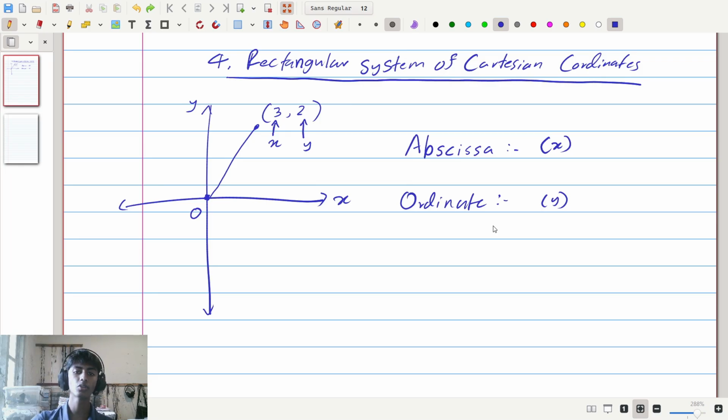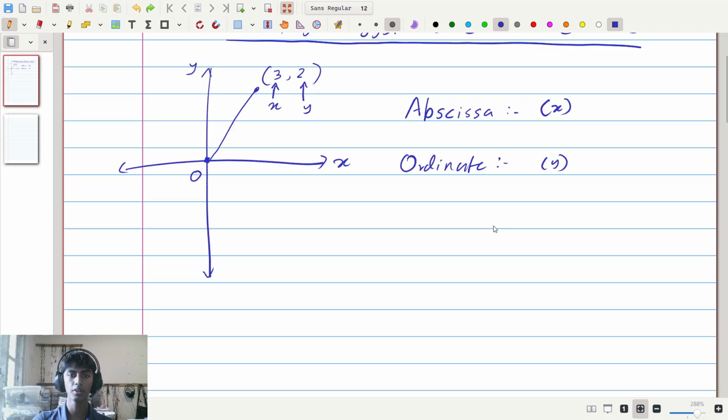Now we are going to discuss a little extra about this coordinate system. For one thing, when you have a point, let's say this point is P, I am going to introduce you to a set of notations that we use commonly to describe lengths between any points.